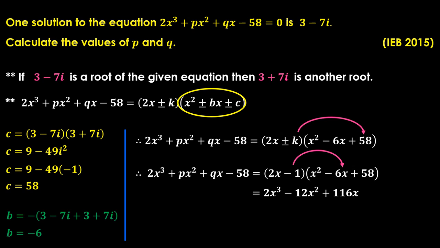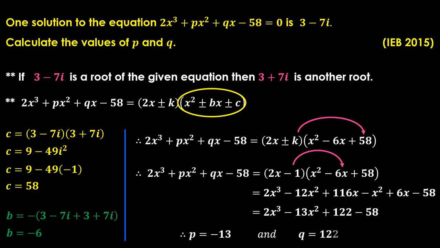And then we'll do the same with a minus 1 to each term in the trinomial. And we end up with minus x squared plus 6x minus 58. And if we add and subtract like terms, we end up with 2x cubed minus 13x squared plus 122x minus 58, which means that our p-value in this equation is minus 13, and the q-value is 122.